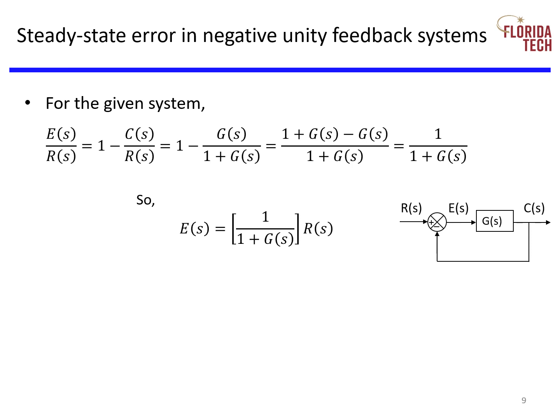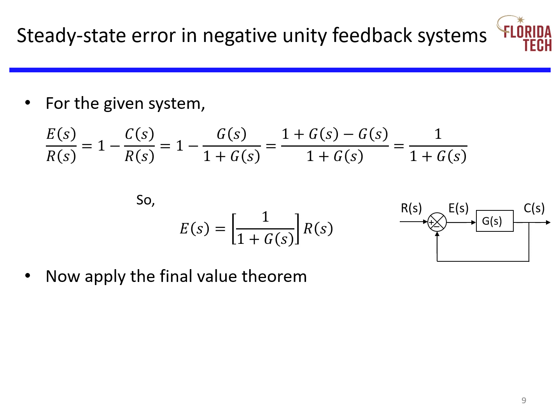We just proved that the error depends on the kind of input. The only other variable in the equation is the open loop transfer function G. Steady state error occurs far downstream in the response timeline. So we need to apply the final value theorem.